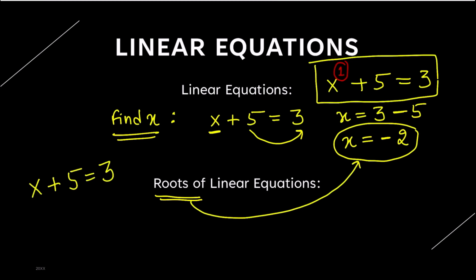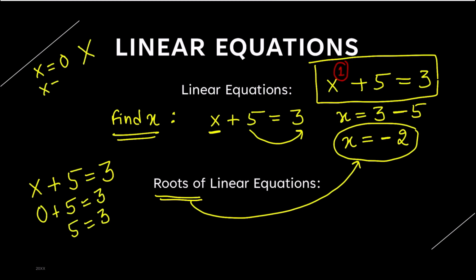Now, I put in x is equal to 0. So, 0 plus 5 is equal to 3 means 5 is equal to 3. Is 5 is equal to 3 a right statement? No. That is why x is equal to 0 is not a solution of the equation. I hope this is clear.